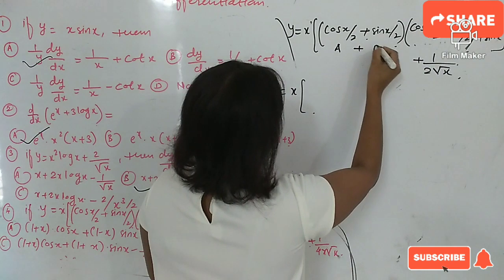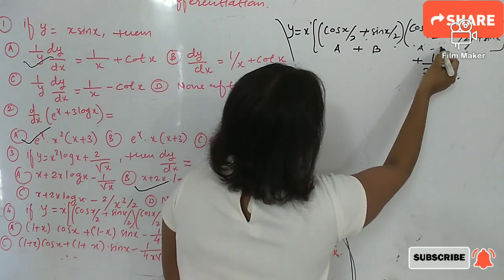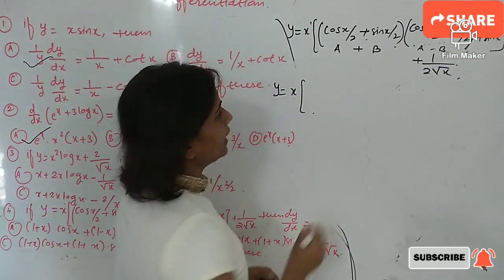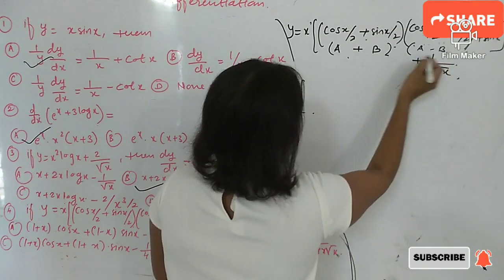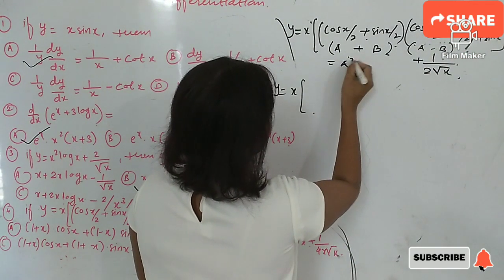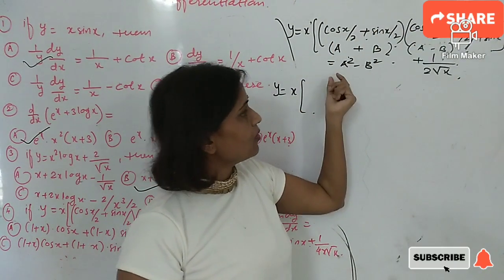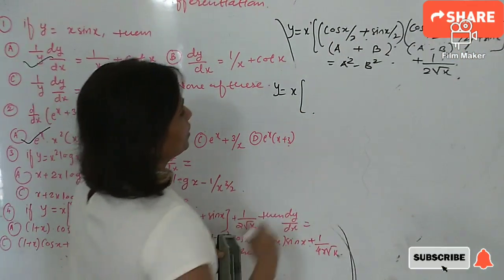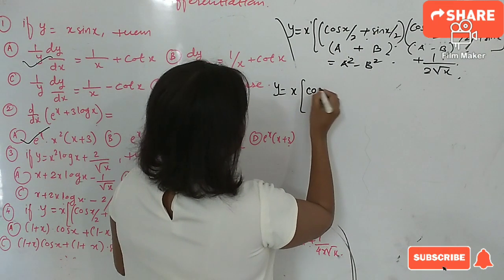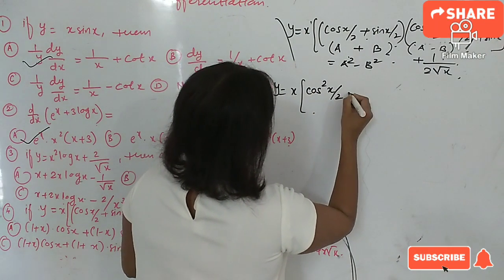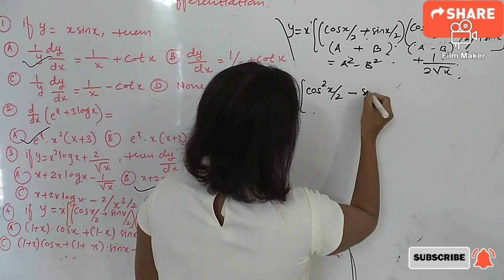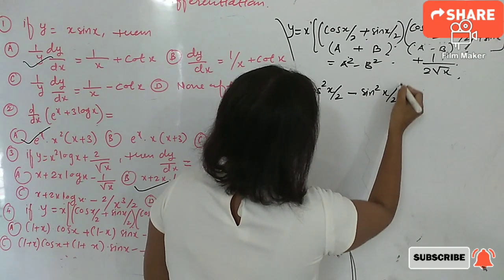Means this value is in the form of a plus b and in the form of a minus b, and a plus b into a minus b means the product is a square minus b square. So I can write this expression in this form: a square minus b square. So a square means cos square x by 2, minus b square means sin square x by 2.